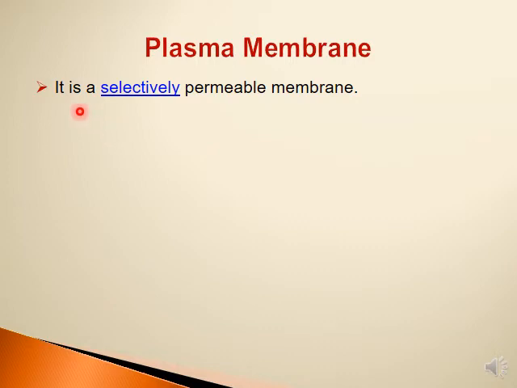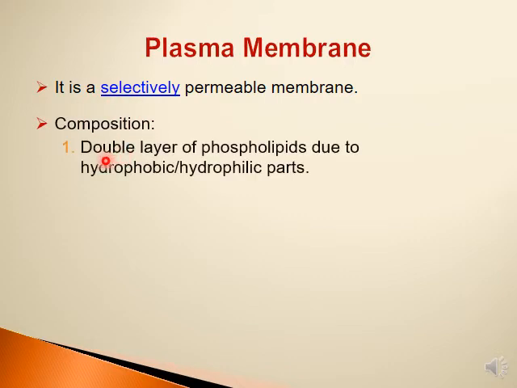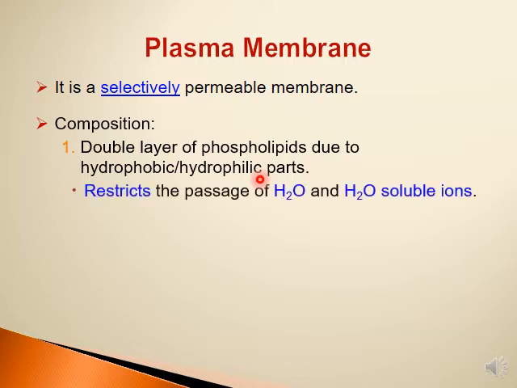The cell membrane or the plasma membrane is a selectively permeable membrane. What do we mean by selectively permeable? It allows certain molecules to pass and other molecules not to pass, and we'll see later on what is the difference. What is the composition of the cell membrane? As I said, it is a double layer of phospholipids, which are the main component of the cell membrane.